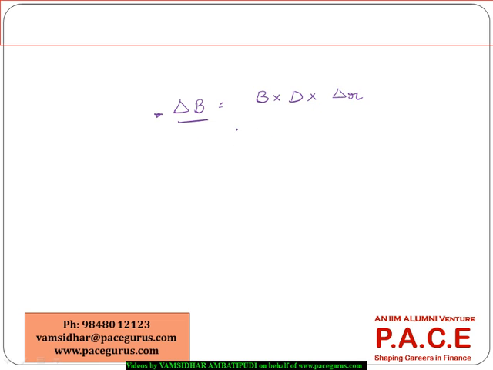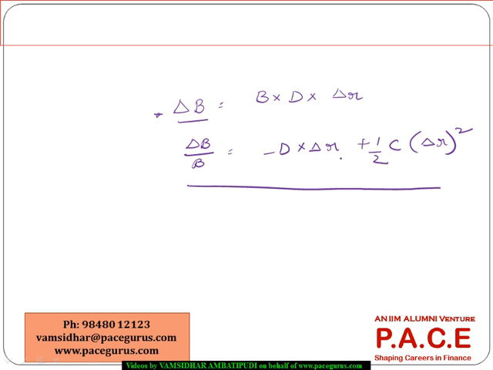But now when I am bringing in the percentage change in price, I'll take it like this: minus the duration times the percentage change in the interest rate, plus half convexity times the percentage change in the interest rate squared. This is the formula that is going to give me the percentage change in the price with respect to the percentage change in the interest rate, if I am considering both the duration as well as the convexity.